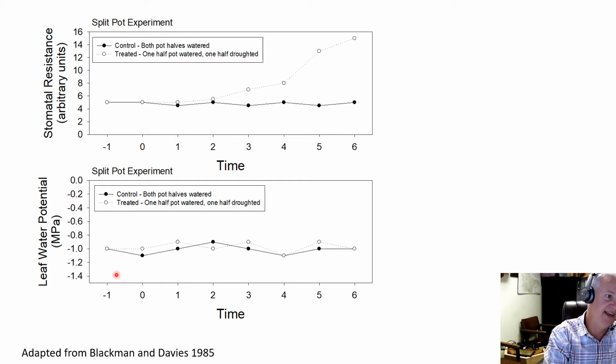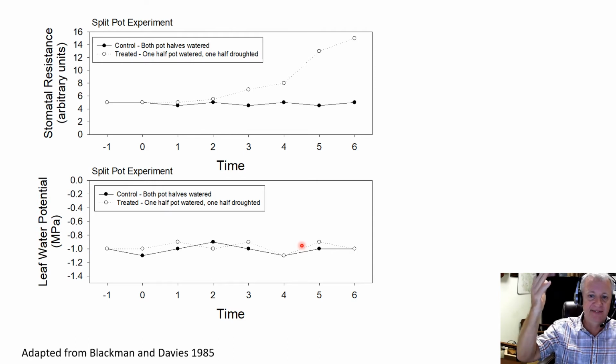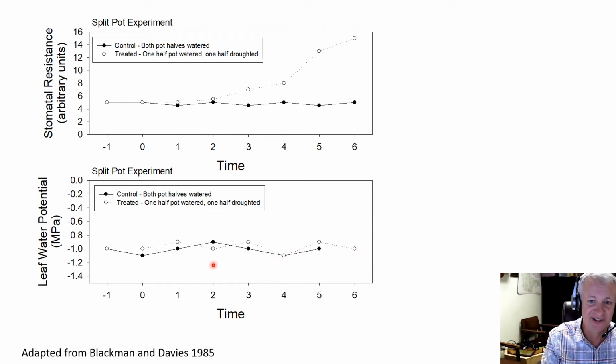What we see for leaf water potential is that over time there's no difference between the two treatments. What that's telling us is that in the treated plants where half the root system is in water, those leaves are getting plenty of water and they're not being adversely affected in terms of water potential, because they can get plenty of water from that well-watered side of the root system.